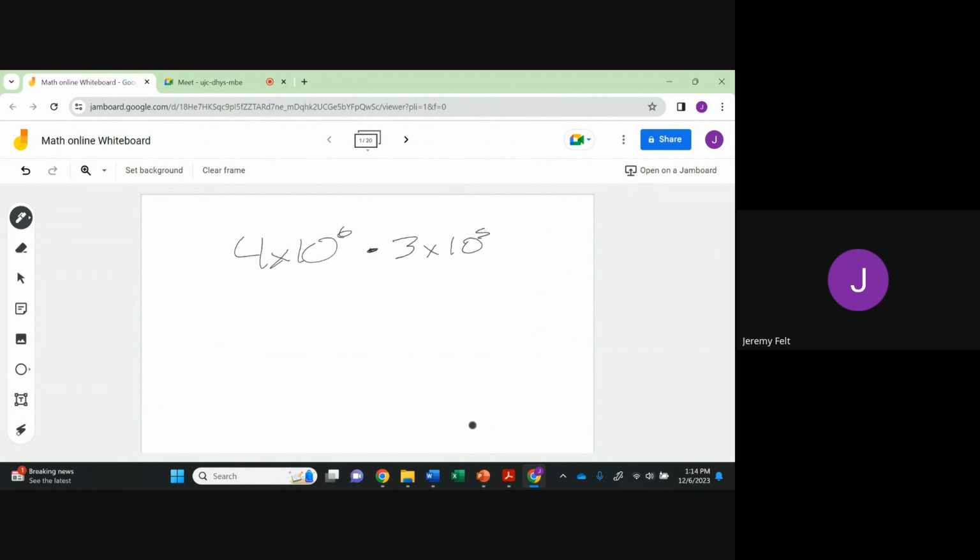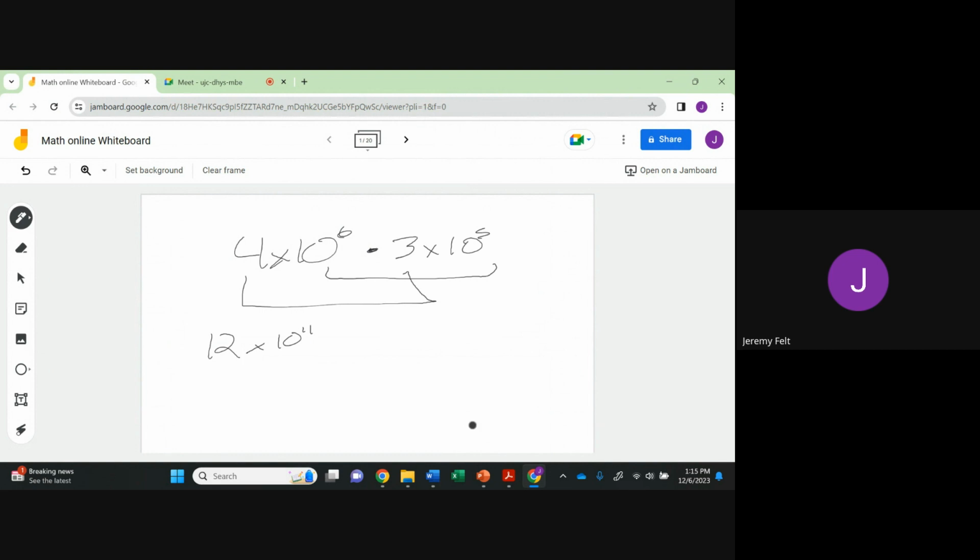So we're multiplying these two scientific notation numbers. Our coefficients we can multiply. 4 times 3 is 12. Then our base 10, 10 to the power of 6 times 10 to the power of 5. 6 plus 5 is 11.